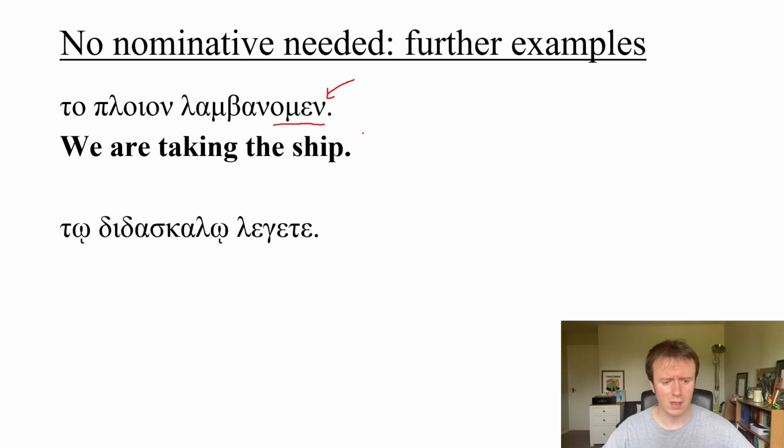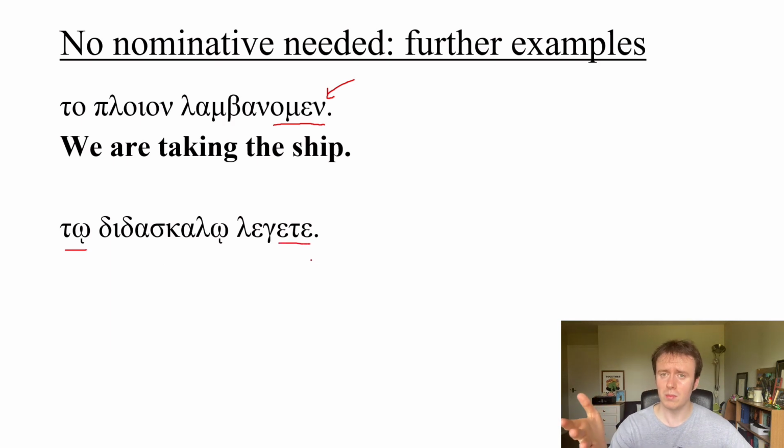Let's look at one final example now, and that is the sentence toi didaskaloi legete. Toi didaskaloi is the phrase the teacher, but here it's in the dative singular, as indicated by the masculine dative singular definite article. And then we've got the verb legor with the person ending ete.